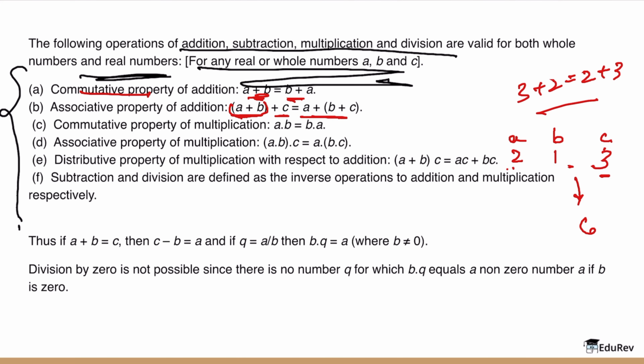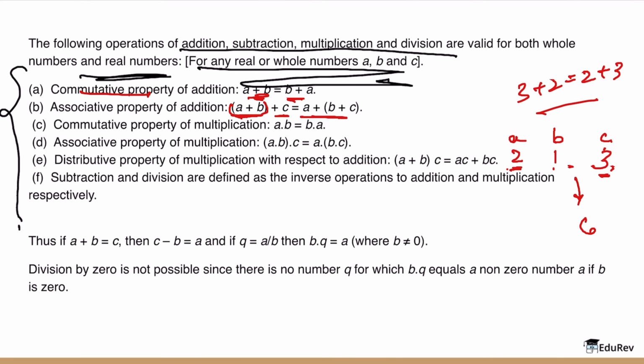And in fact, if I'm going to add number of bananas and number of oranges before adding number of apples, then still the addition of all these things is going to be 6. And in other matter, if I'm going to add number of apples and number of oranges before I add number of bananas to it, in that case as well, the summation is going to be 6. So this is nothing but what your associative property is.